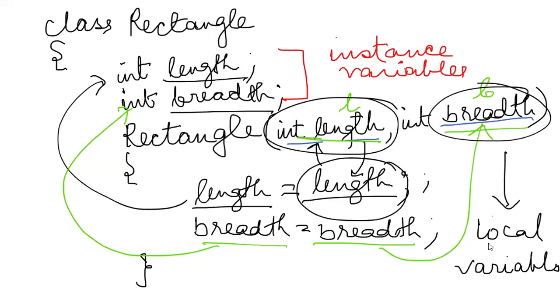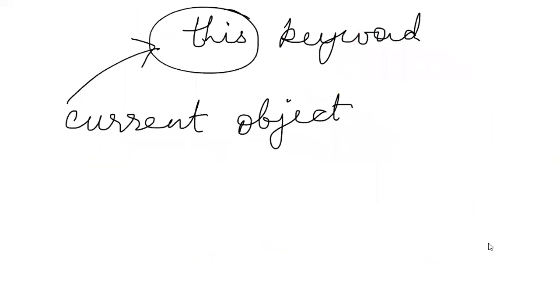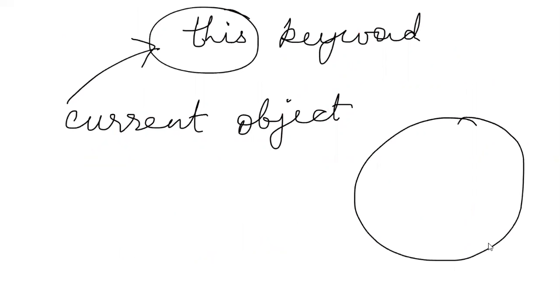These are local variables. So memory will be allocated to these two, length and breadth, only when the constructor is called. Okay, so these are two different locations. So if I have to draw something like this, suppose this is my object.